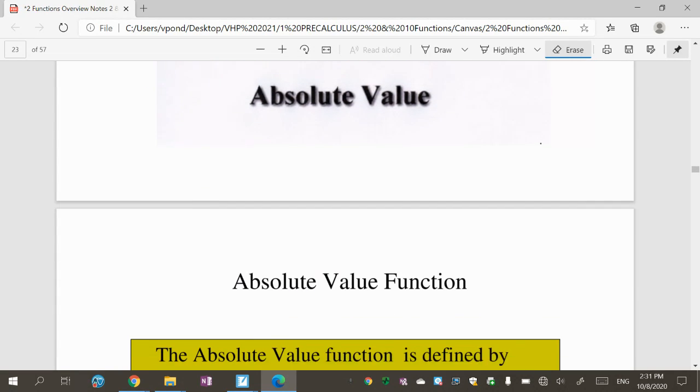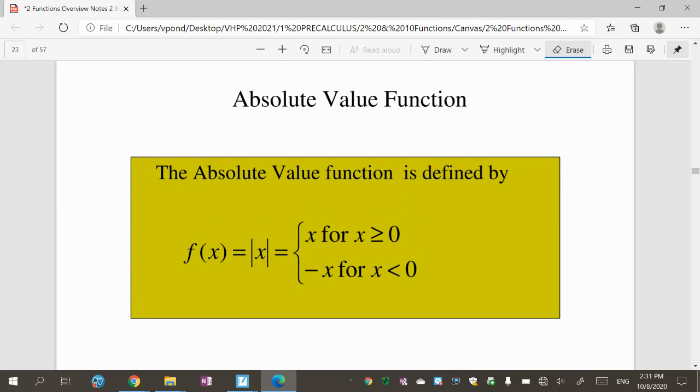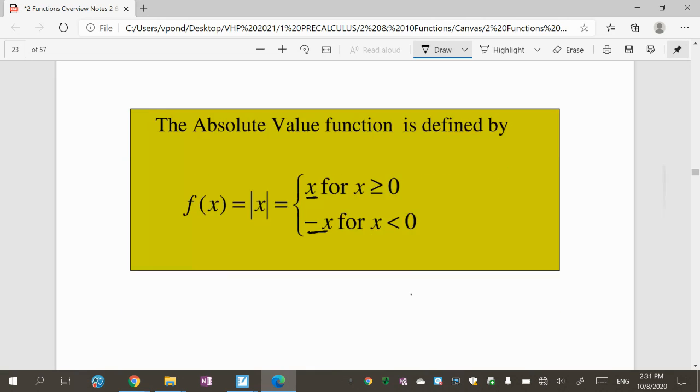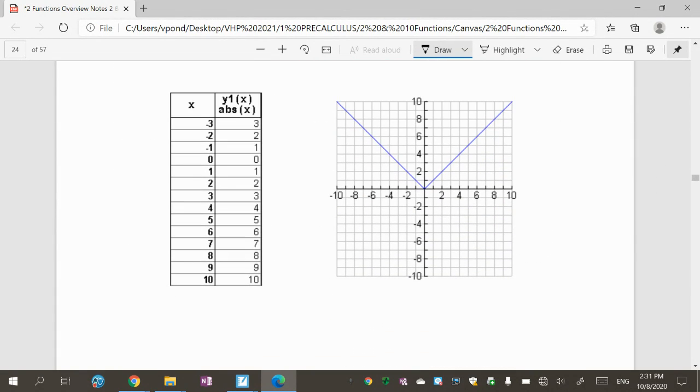Okay, so let's look at the absolute value function. It is defined as x if x is positive, that is, greater than or equal to 0, and negative x if x is less than 0. Here's an actual picture of the graph.